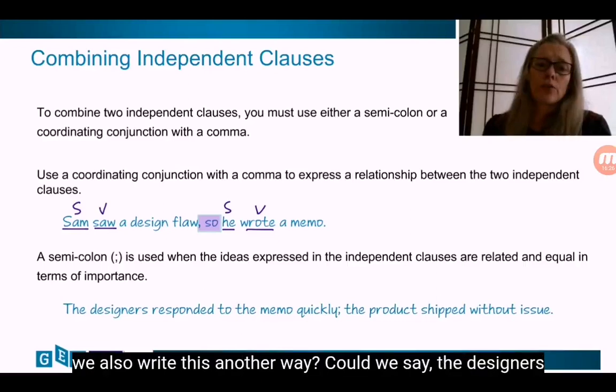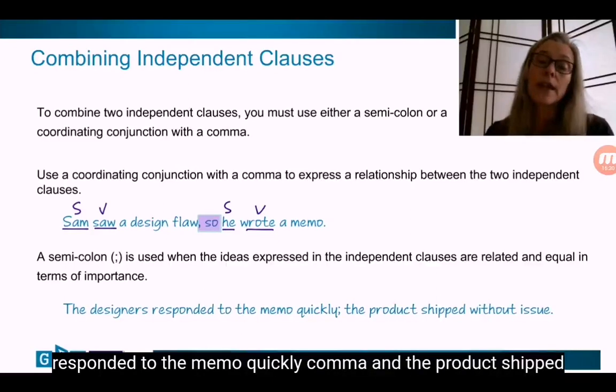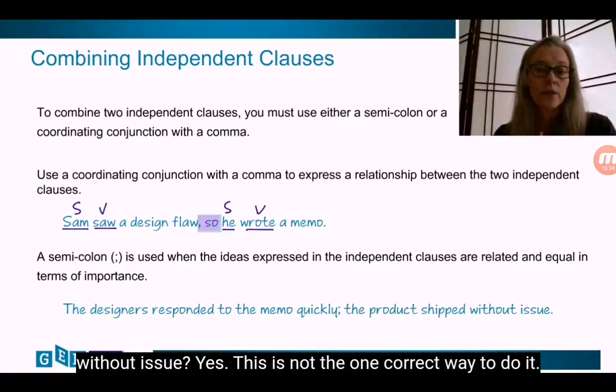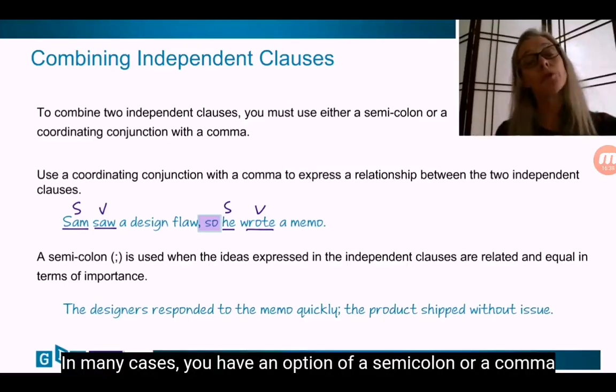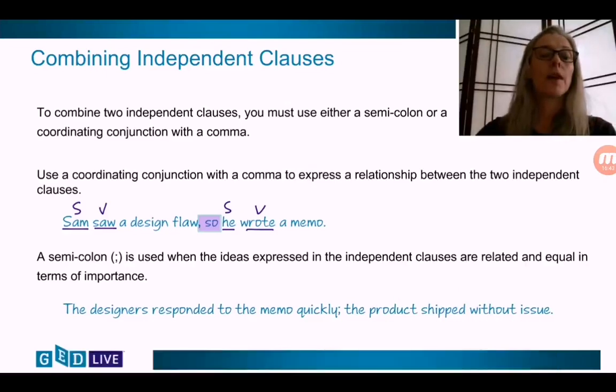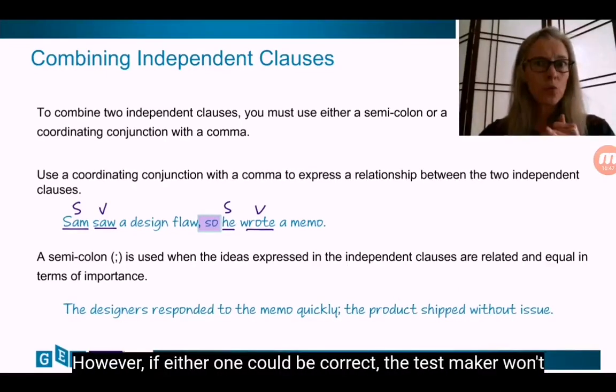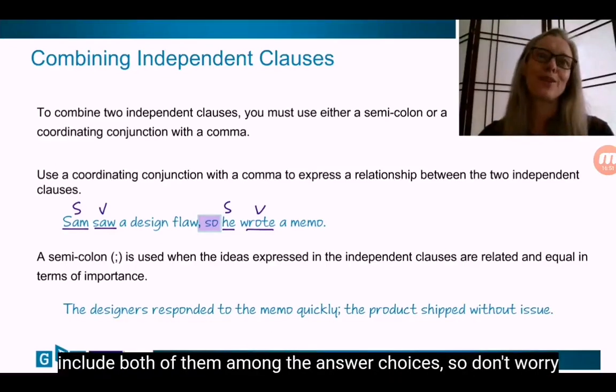Now, could we also write this another way? Could we say the designers responded to the memo quickly, comma, and the product shipped without issue? Yes. This is not the one correct way to do it. In many cases, you have an option of a semicolon or a comma and a coordinating conjunction. However, if either one could be correct, the test maker won't include both of them among the answer choices.